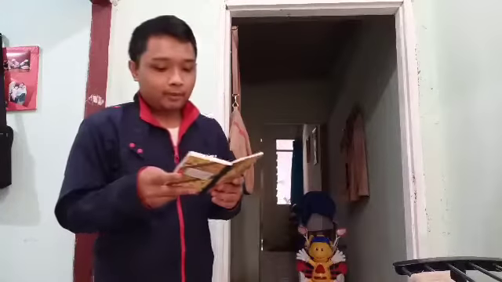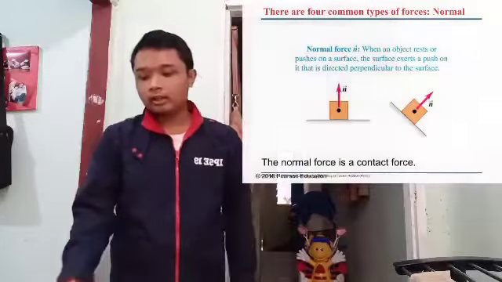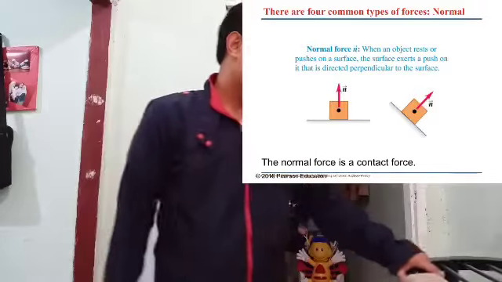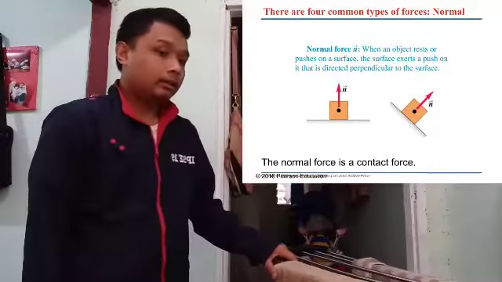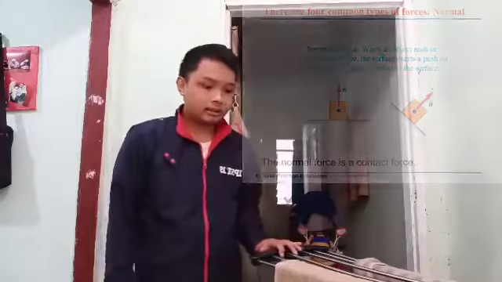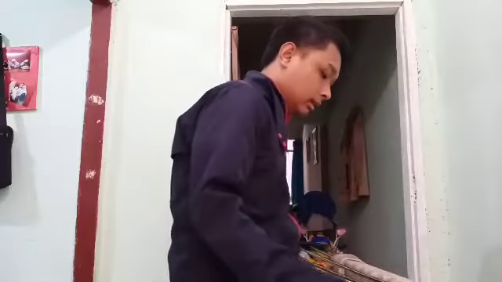And then there are types of force. There are four types of force. The first is normal force. When an object is in its initial state, being stopped, it will get its normal force. What is normal force?